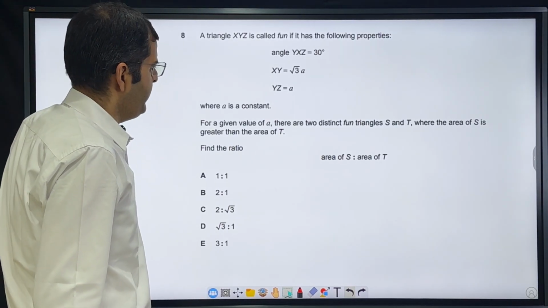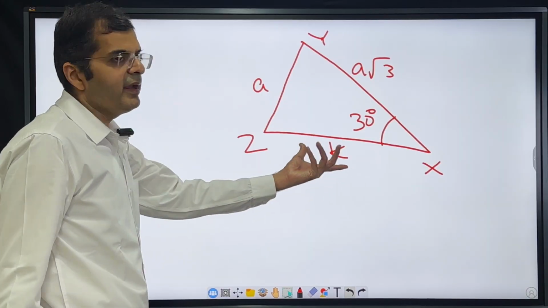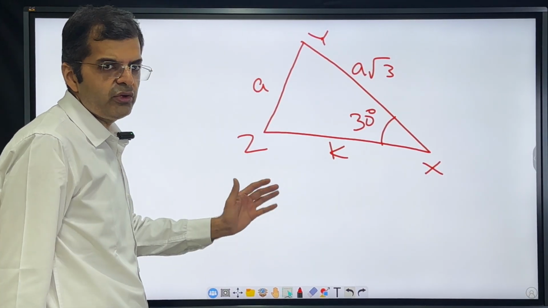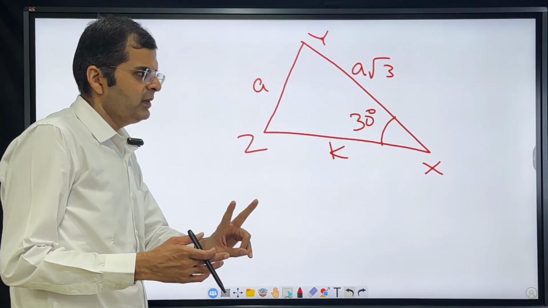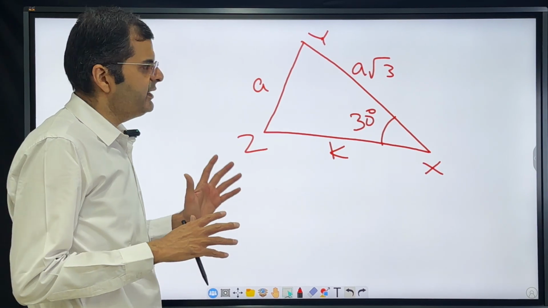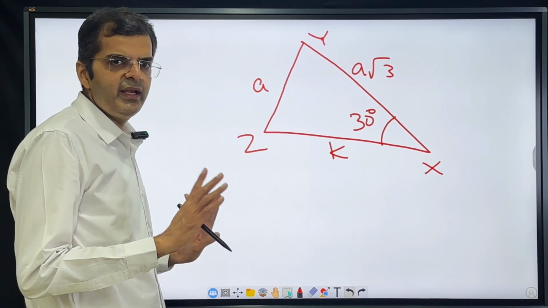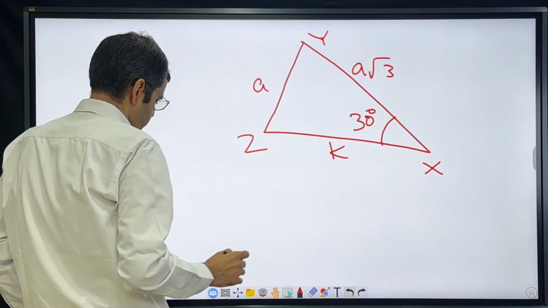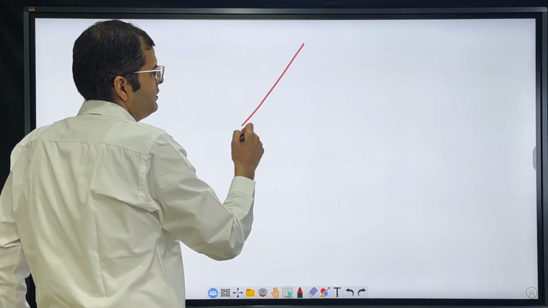So first of all, we have to find K here. And then based on those K values, there will be two triangles. So K can hold two values, we'll have to find both the values. And then depending on the values of K, we'll get the areas of the triangle. So to find that, we'll apply the cosine rule. So what is the cosine rule?